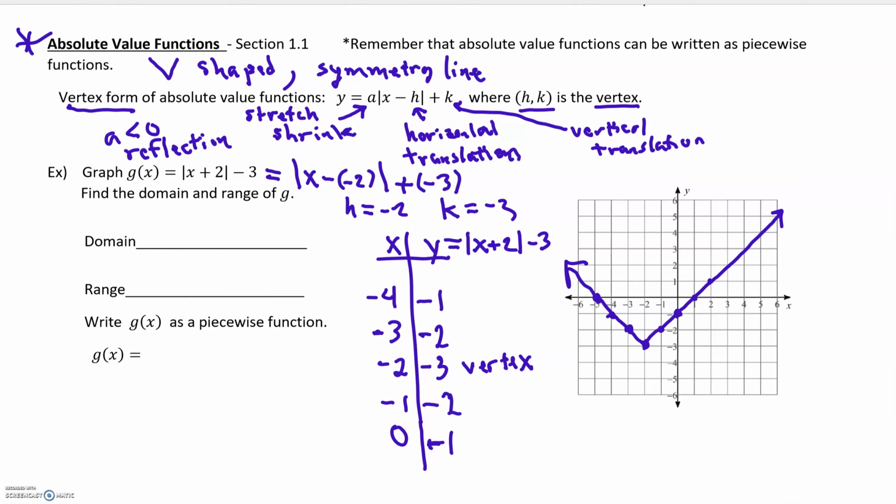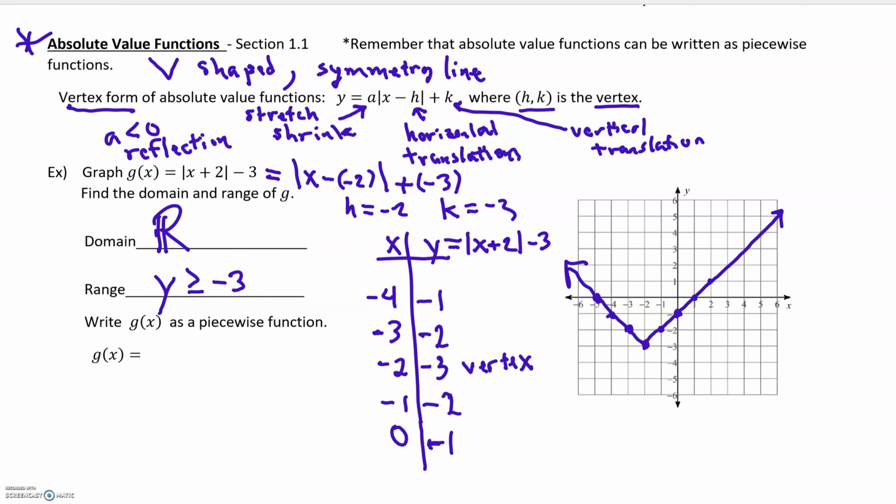Notice that the domain of this is all real numbers. We can use the capital R with the extra line, or you can use the phrase all real numbers. And the range is everything greater than or equal to -3. Notice the smallest y value was -3, and we get all y values greater than or equal to -3 for our range.